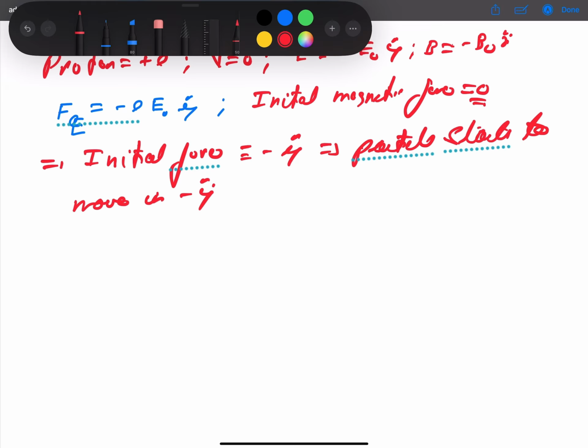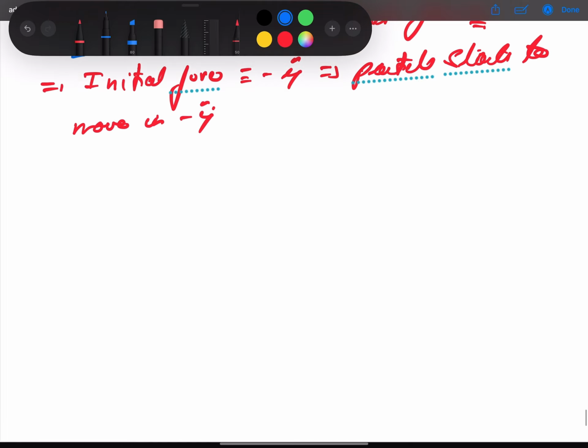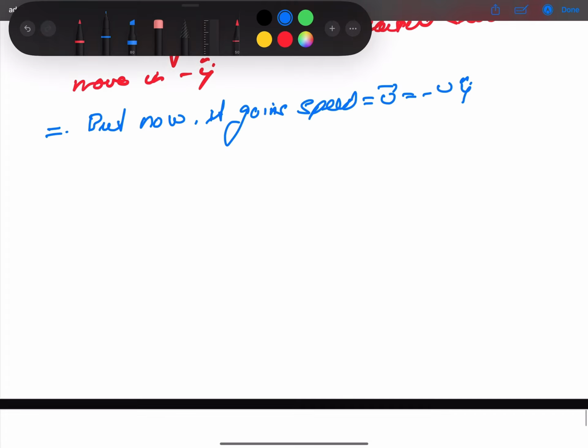But now it is going to start gaining some speed. It means now the velocity will not be equal to 0. So it gains speed, and we can write our velocity will be now in the y direction, and now the magnetic force will come into the picture.